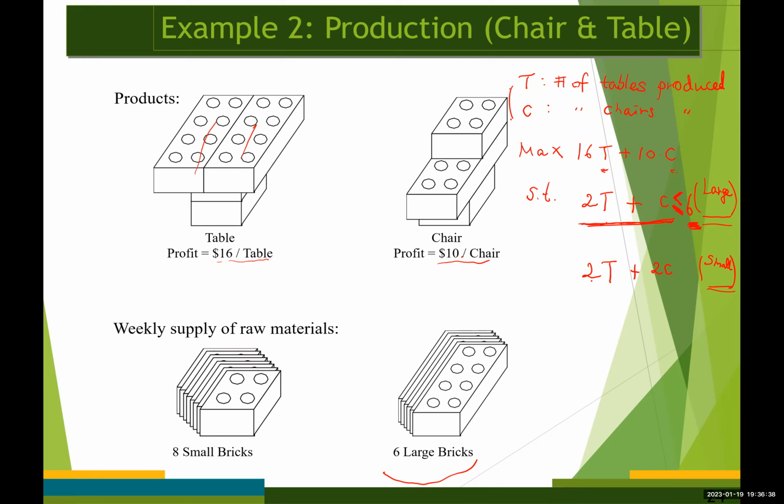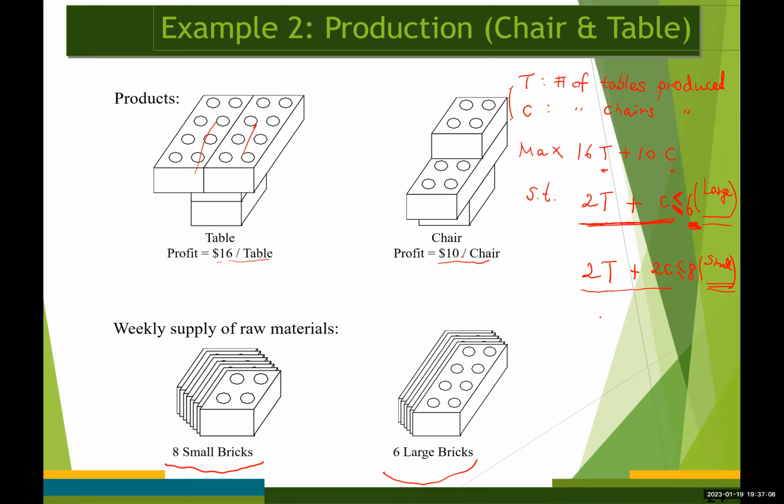So similarly, if you combine these two, this represents the number of small bricks used for producing tables and chairs, right? And also you are limited by the availability of materials, and you only have 8 small bricks. So it's gonna be less than or equal to 8, right?